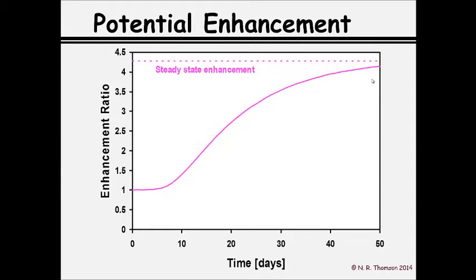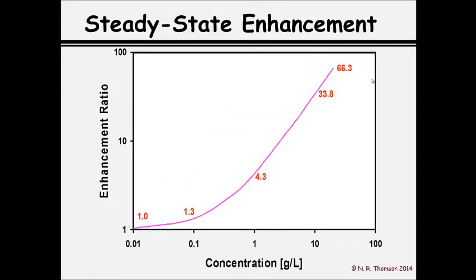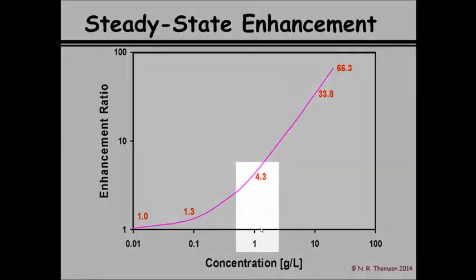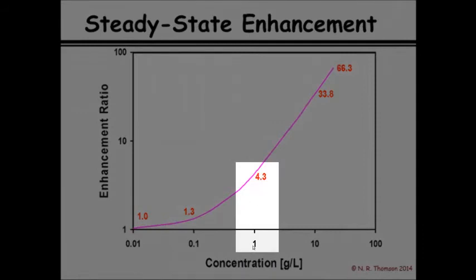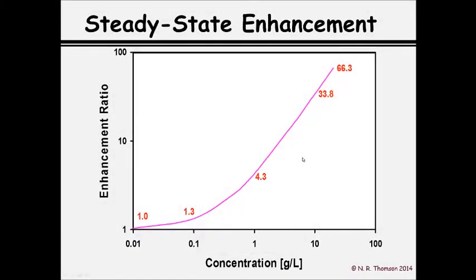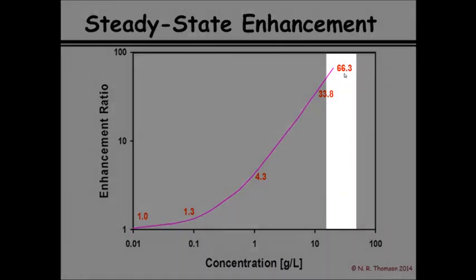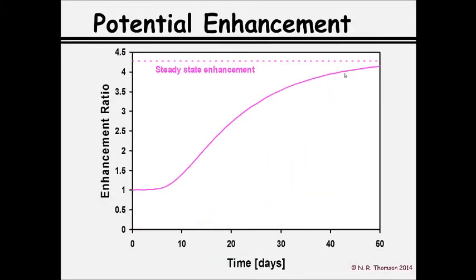If you increase the concentration of the oxidant, the one we had there was for an oxidant concentration of 1 gram per liter. If we increase that to upwards of 40, we could see an enhancement of about 66. But of note here is the length of time it took to get that.